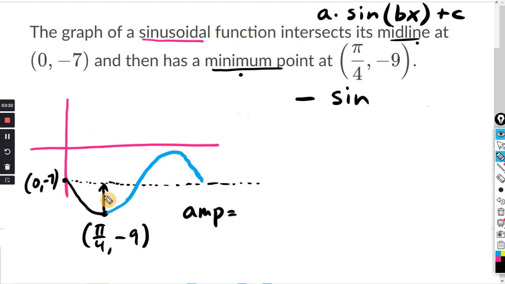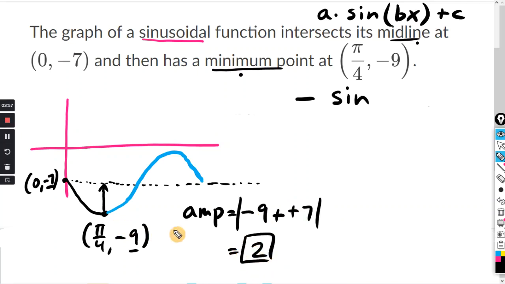So the amplitude is just this distance here. It goes from -9 to -7. Okay, so it's going to be -9 minus -7. All right, two negatives make it positive. -9 plus 7 is -2, and the absolute value is 2.